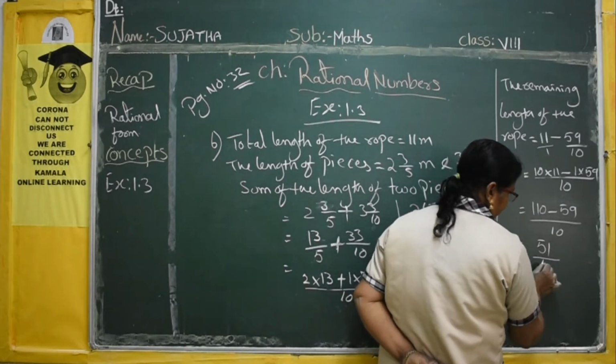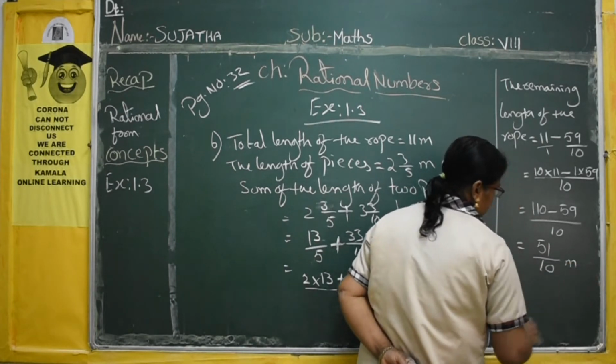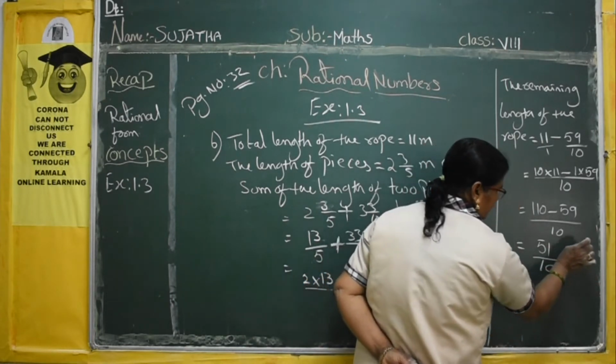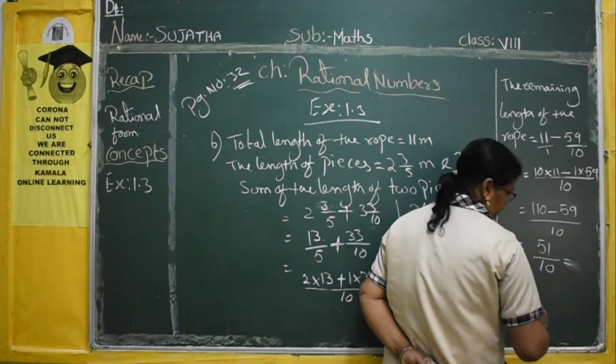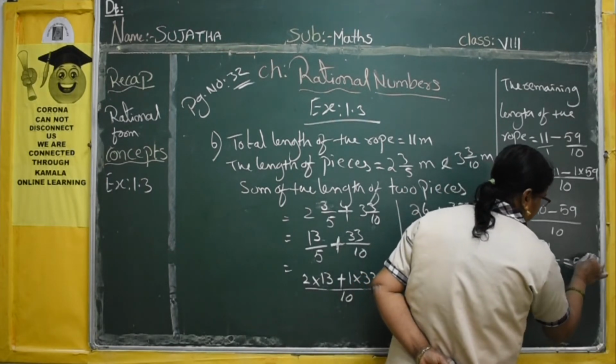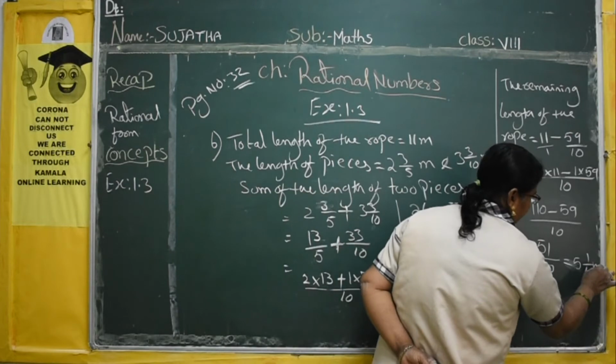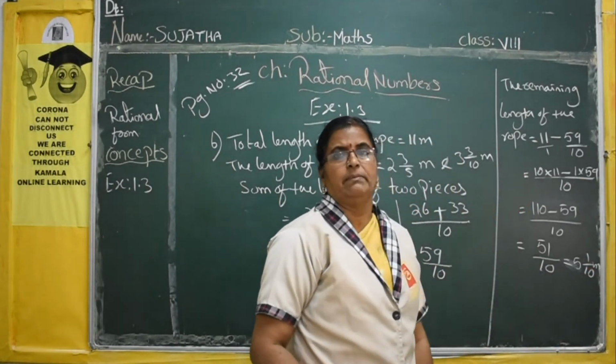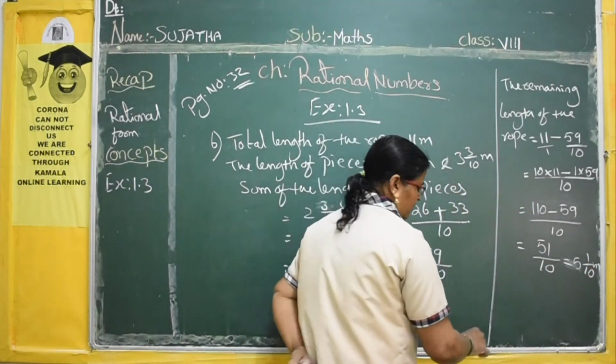So 51 by 10 meters. This 51 you can change into mixed fraction, that is 5 1 by 10. 5 1 by 10 meters is the remaining length of the row.